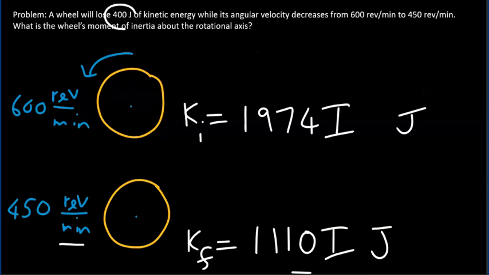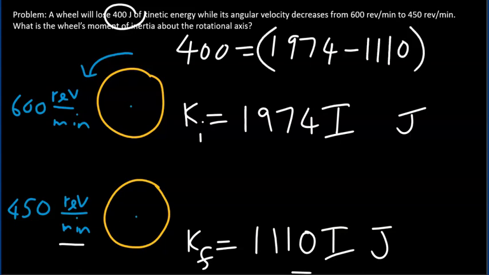Since it will lose 400 joules, all we have to do is equate that 400 to the difference, which is 1974 minus 1110 times I, and you can solve for I.